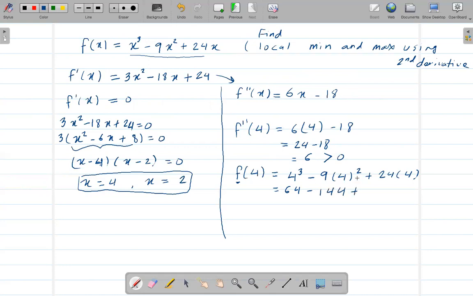And 24 times 4 is 96. So we get 64 plus 96 minus 144, which gives 16. So it's a positive number, 16, and at this point we will get a local minimum.